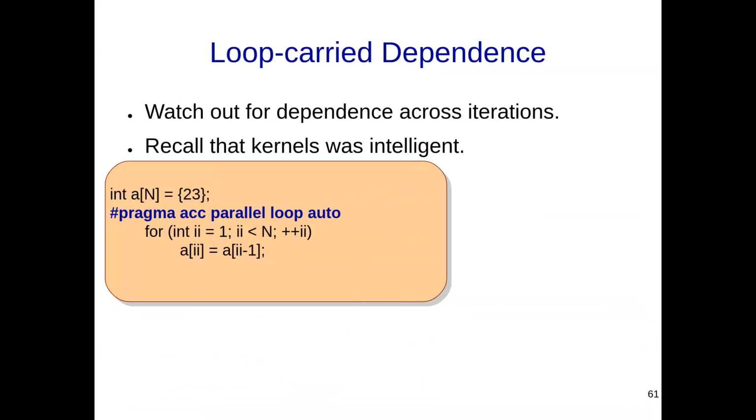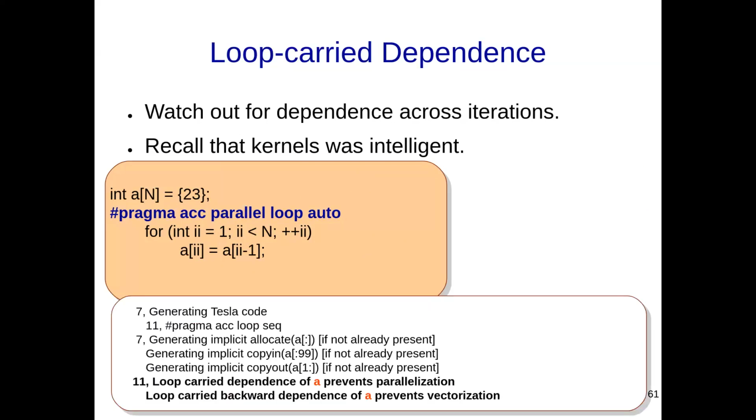This clause tells the compiler not to assume everything is independent, but to go figure out the dependencies, and if there is a loop carried dependence, be careful. It is alright not to parallelize this and run it sequentially on the GPU, but do not give me incorrect code. That is what this auto keyword is, and that is very useful.